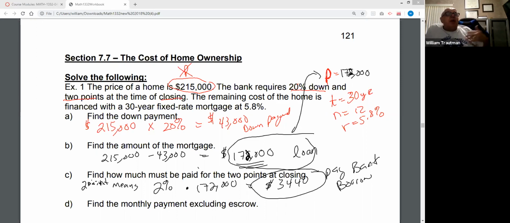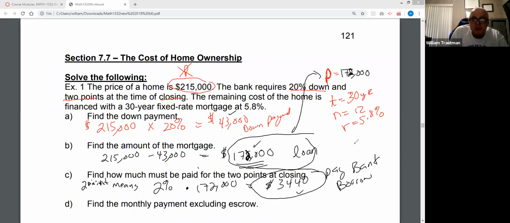That's just so the bank gives you the money. That's an extra processing fee for them. So you still have to pay 172, and you already paid 43. Now you have to pay an extra 3,440 just so the bank gives you the loan and does the paperwork.